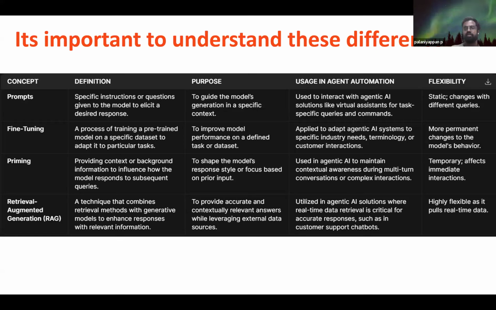It could be any data source. On top of that pre-trained data set, if you add your own domain-specific knowledge or your own data sets and train it further, then it is called a fine-tuned LLM model.